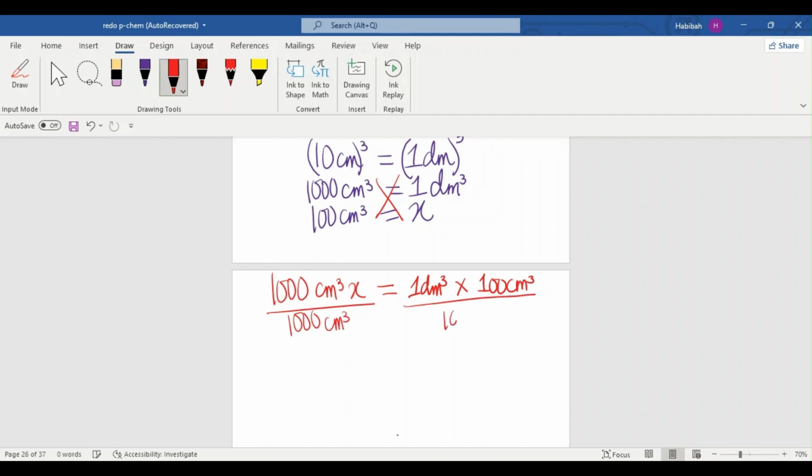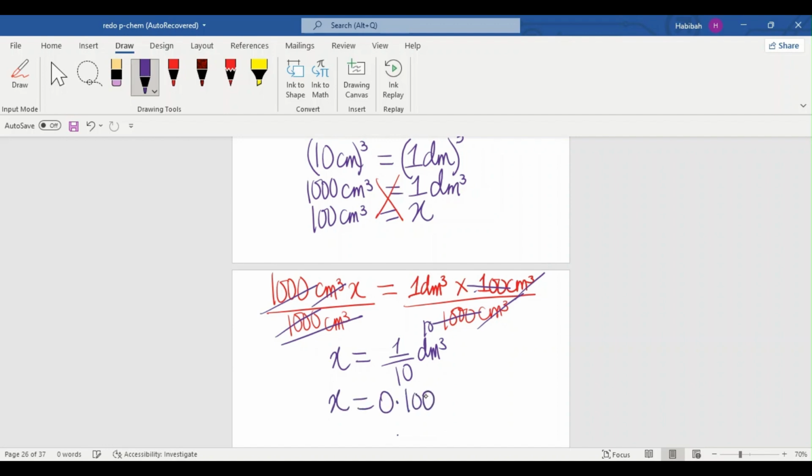So you cancel out 1000 centimeter cube and 1000 centimeter cube, and we cancel out the centimeter cube. So you end up with x equals 1 over 10 decimeter cube, which we can just say x is equal to 0.100 decimeter cube. So we have successfully determined the volume to be 0.100 decimeter cube.